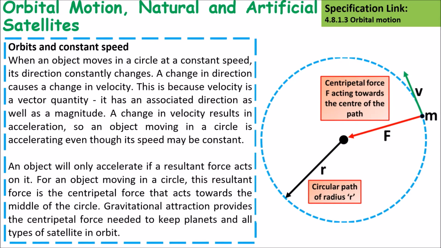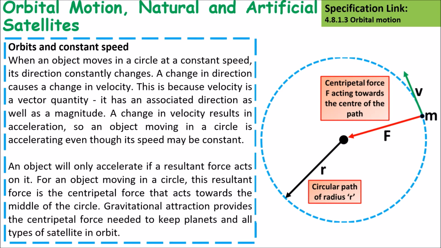When objects move in a circle at constant speed, their direction is constantly changing. A change in direction causes a change in velocity. This is because velocity is a vector quantity. It has an associated direction as well as a magnitude. A change in velocity results in acceleration, so an object moving in a circle is accelerating even though its speed may be constant.